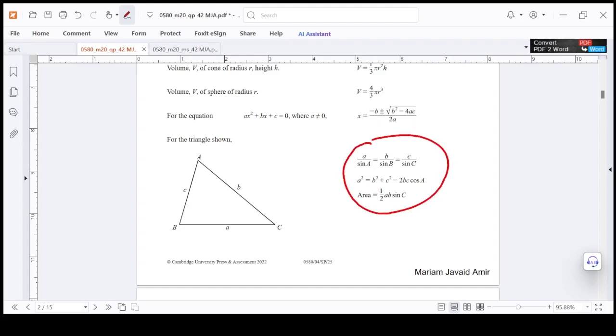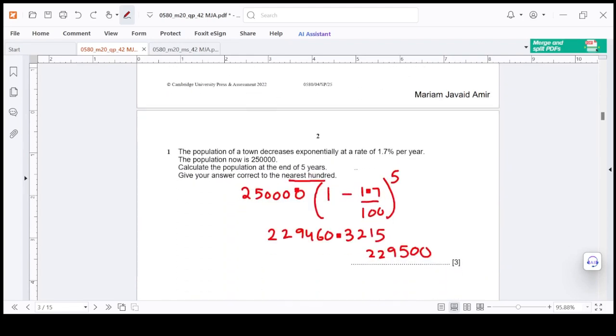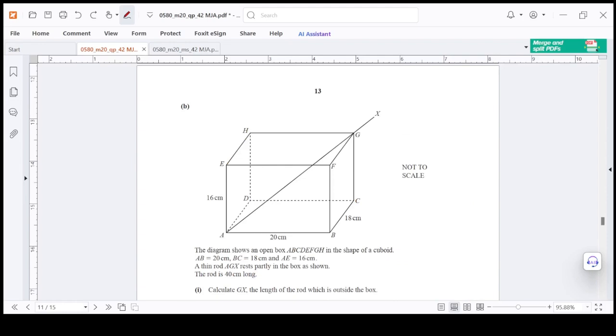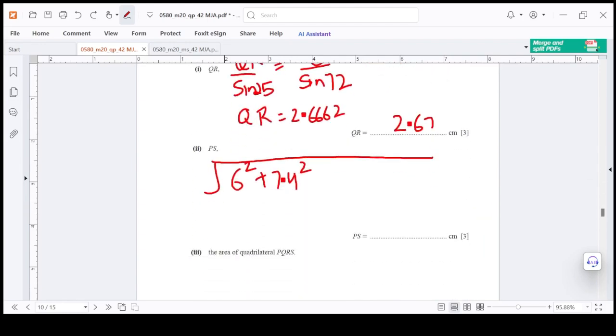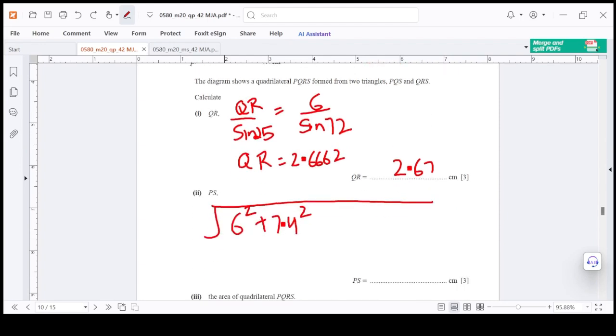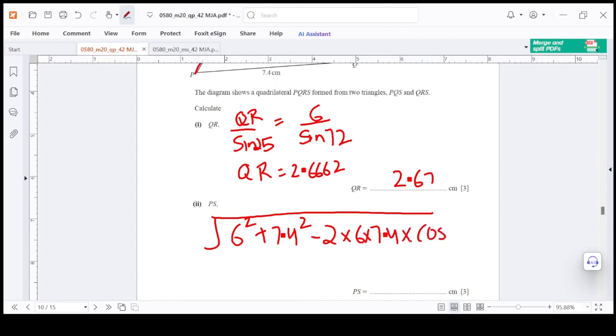So look, sine rule, cosine rule, and even area of a triangle. So yay. Okay, so 6 squared plus 7.4 squared minus 2 times 6 times 7.4 times cos of the value in the middle, 34.